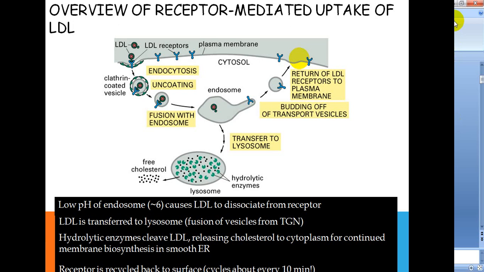Then hydrolytic enzymes cleave LDL and release cholesterol to the cytoplasm for continued membrane biosynthesis in the smooth endoplasmic reticulum. The receptor is recycled back to the surface, and the cycle happens about every 10 minutes.